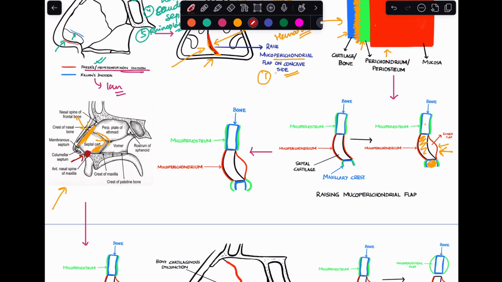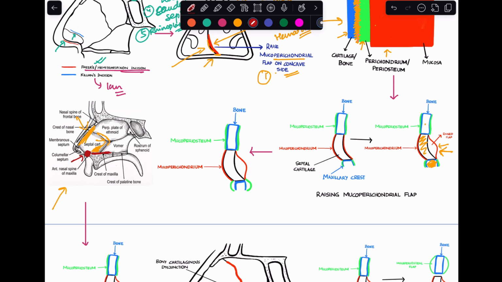In these cases, you need to use a sharp dissecting scissors to cut through the fibers to help in elevation, and also in the region of the premaxillary crest and the vomer below. So you have to be very careful in these regions while you're elevating the flap. It may be more adherent than usual. So now we have done our mucoperichondrial flap elevation.